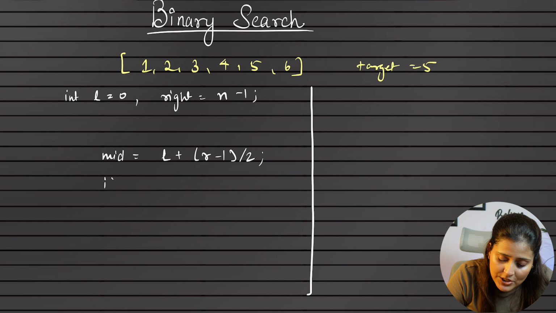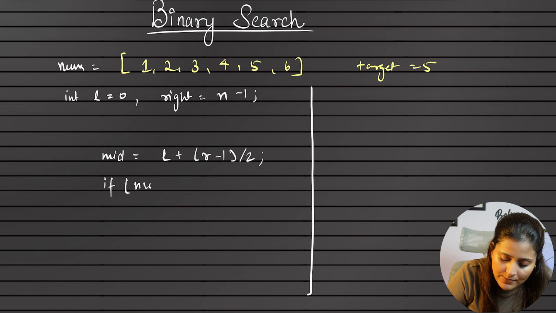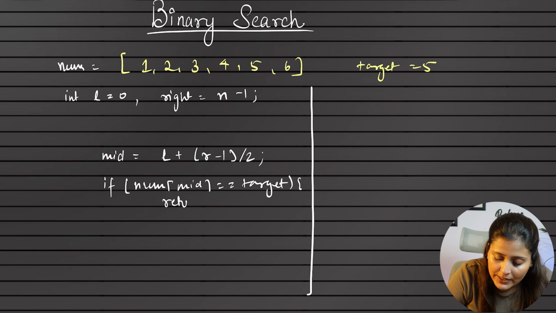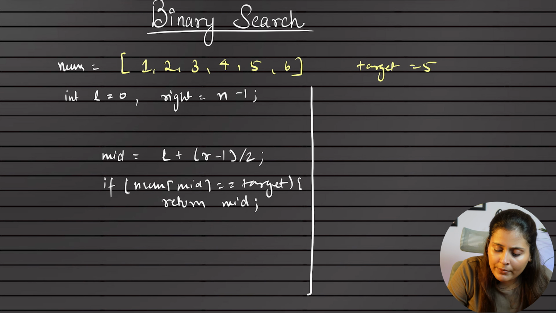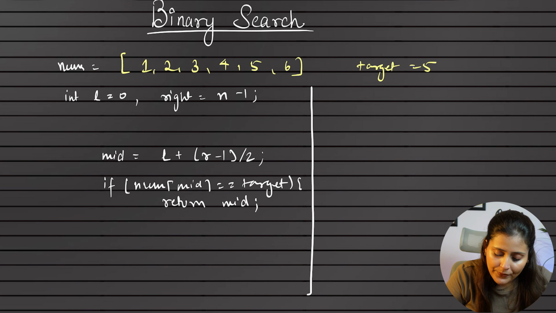Also, let's say this is the nums array: if nums of mid is exactly matching the target, then this is the target we have to return. We will simply return this mid if the mid index is required, otherwise we can return true also, okay?